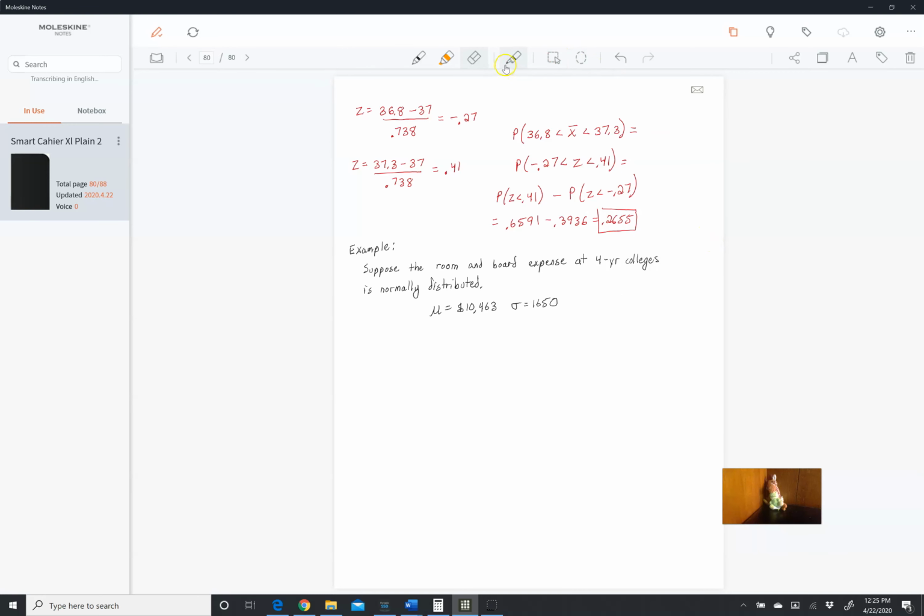We want to find the probability that if we randomly select nine colleges, the mean expense is less than $10,750. Okay? We're going to do exactly the same thing as before.